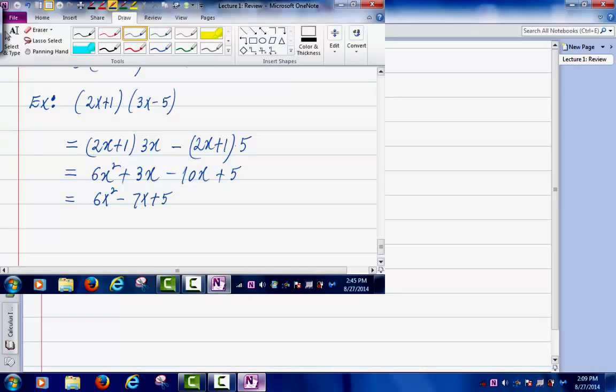Of course, usually you might be multiplying this way. You might be multiplying these two first, and then these two, and so on. Yeah, this should be minus 5. Thank you. This thing here should be minus 5.